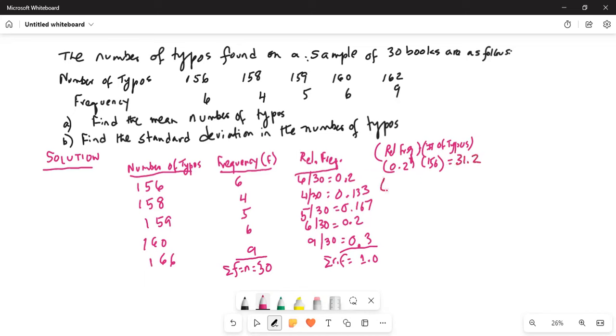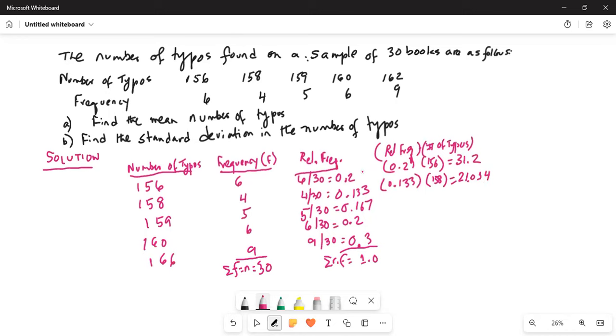Next one will be 0.133 multiplied by number of typos 158, and that is 21.014. So you get the drift. I'm multiplying each of the relative frequencies with the corresponding number of typos.